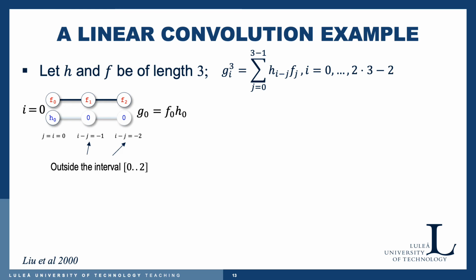Okay, but then we increase the summation index j to 1, and then we have 0 minus 1 because i is 0, and we don't have a value for h at minus 1, we put it to 0, and therefore when we multiply, this factor will not count, it will be 0 of course, and the same goes for the next one, which is outside the interval, meaning that our first element in g would be f naught h naught.